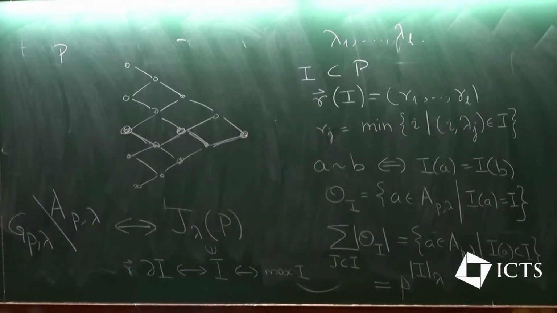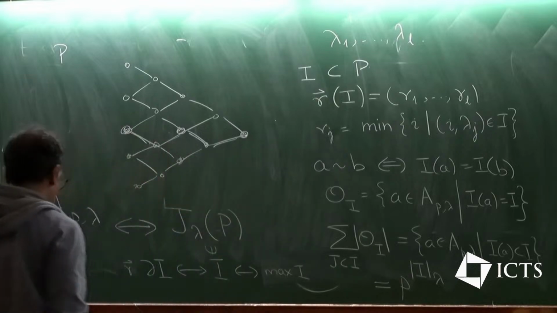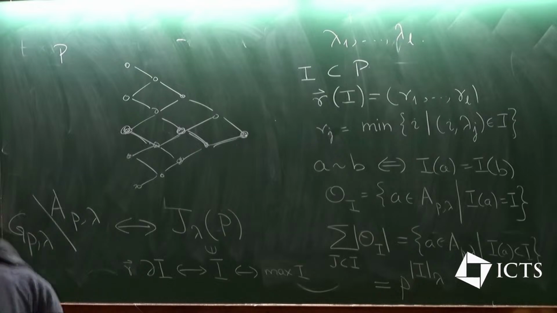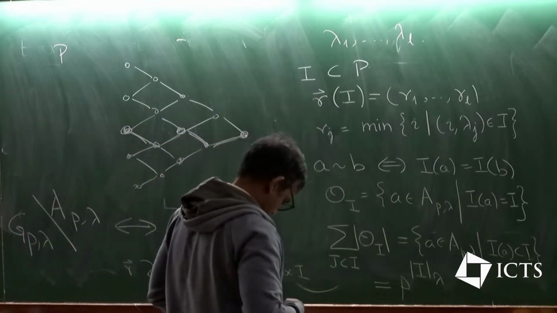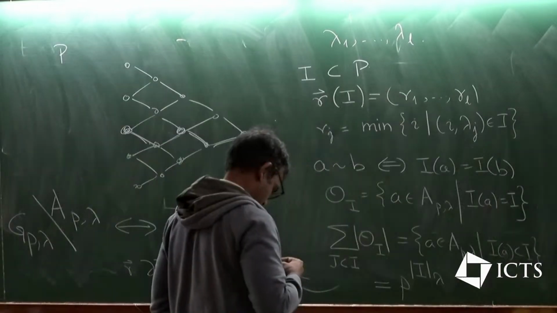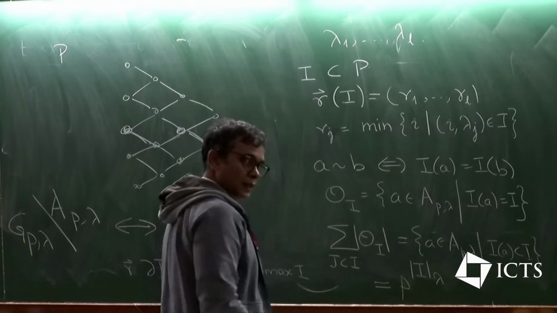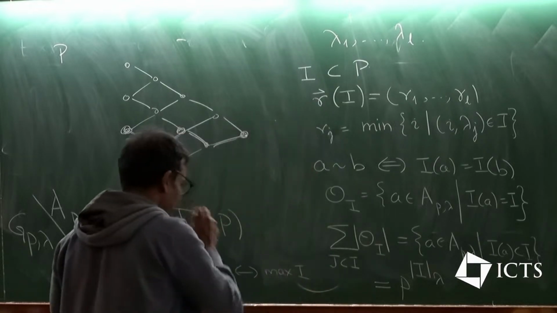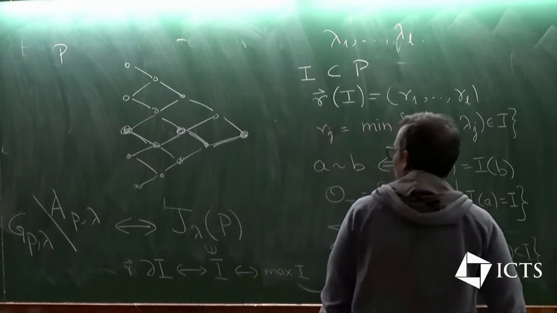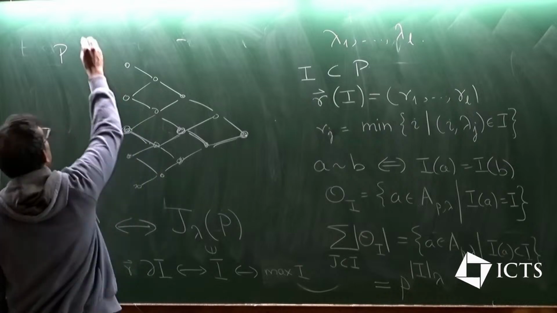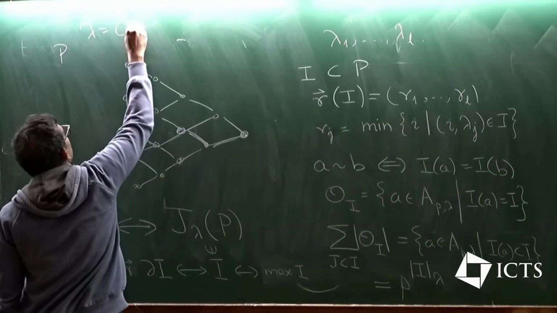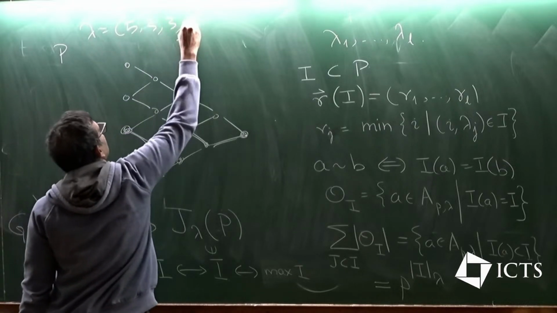Okay, so what you do is, here our partition is, let's look at the example that we had last time, partition 5, 3, 3, 1.